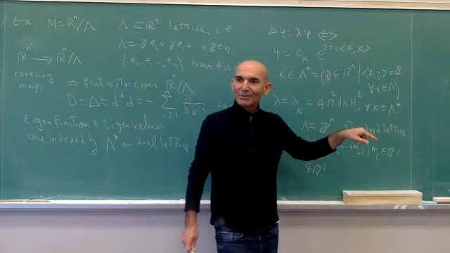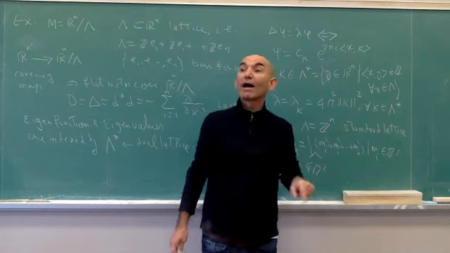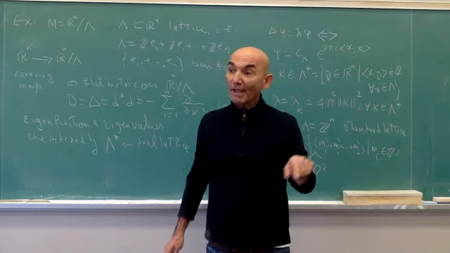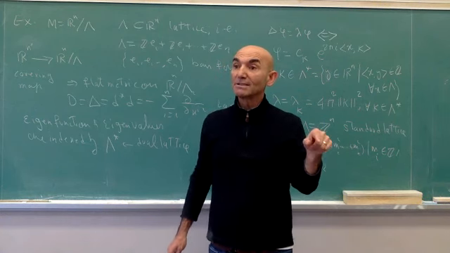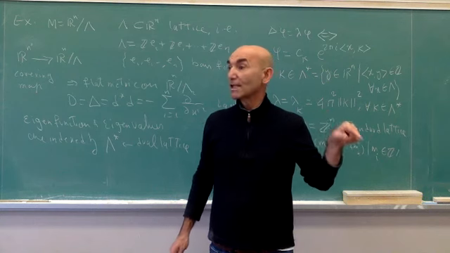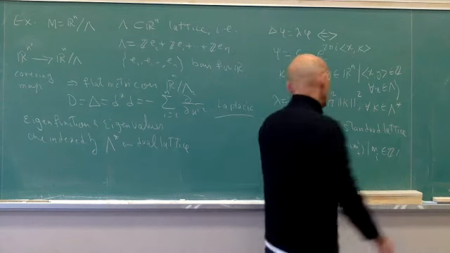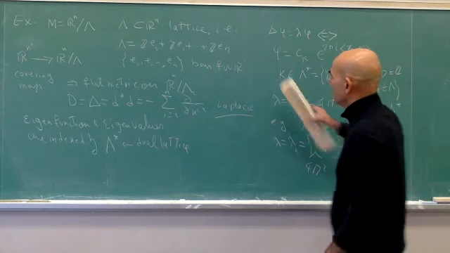So the multiplicity of this eigenvalue is the number of ways you can represent an integer as a sum of squares. That's the relation to number theory and theta functions.